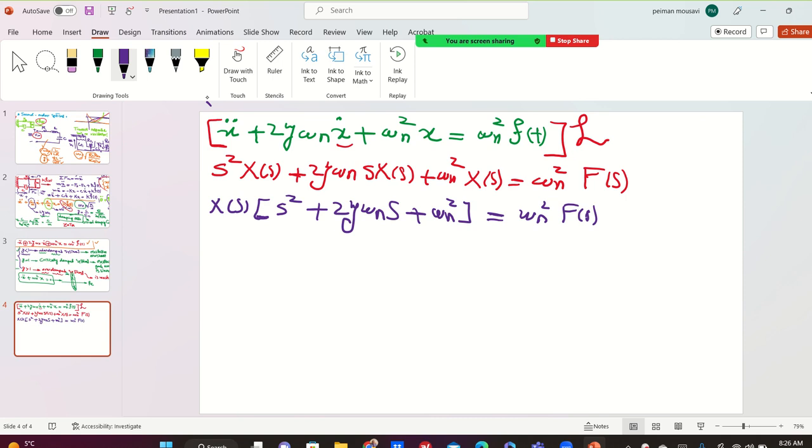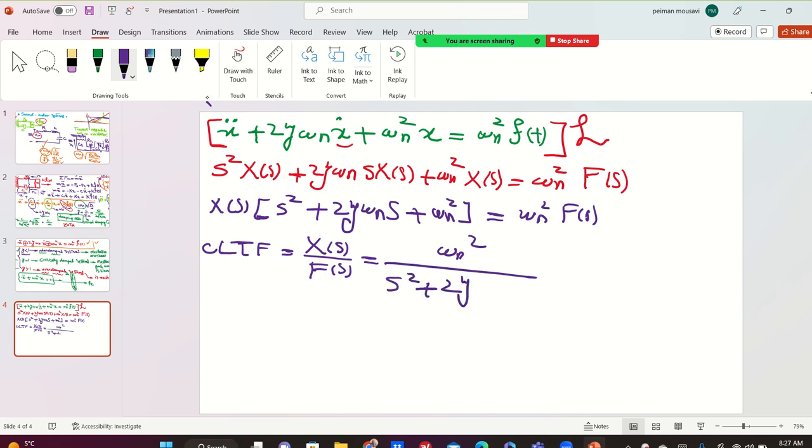So the closed loop transfer function here, which is output x of s over input of the system, is omega n squared over s squared plus 2 zeta omega n s plus omega n squared. So this is the closed loop transfer function.